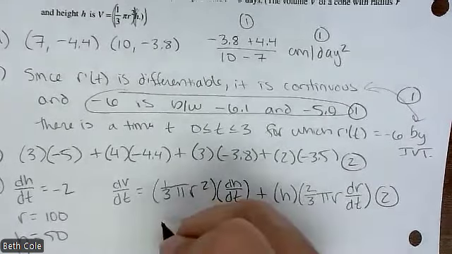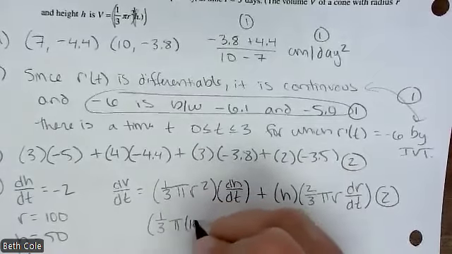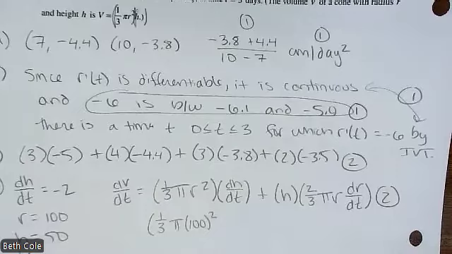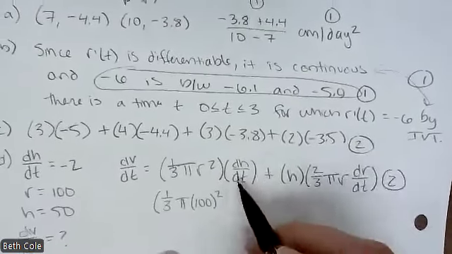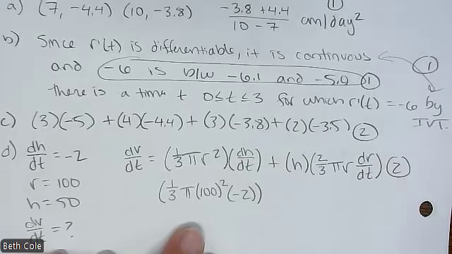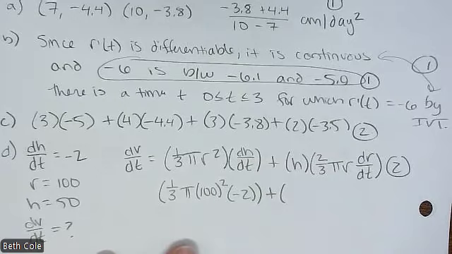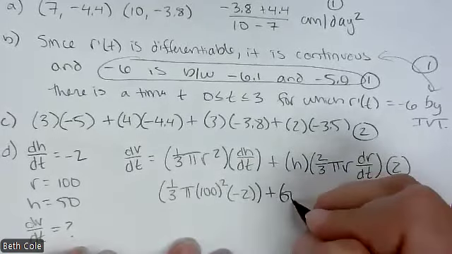Okay. Now we're going to plug everything in. Ready? 1/3 pi, what is r? 100 squared. This is non-calculator, so please do nothing to this. All right, dH/dt is -2. So there's all that, plus, I think I went parenthesis crazy. I think I have an extra one in there, but that's fine. All right, 50.